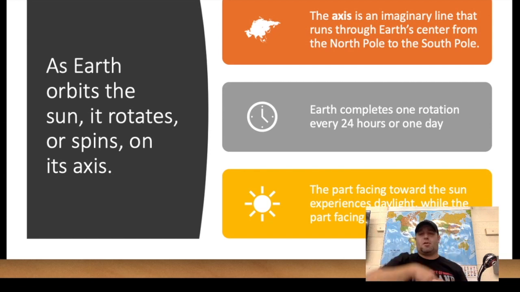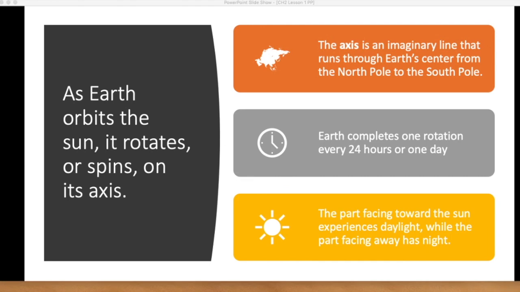Each time it spins, that's 24 hours or 1 day, okay? The part facing toward the sun, okay, that experiences daytime. Okay, so if you're facing the sun, obviously the light from the sun is shining on you. That's daylight. Okay, when you're facing away from the sun, okay, that's nighttime. All right.